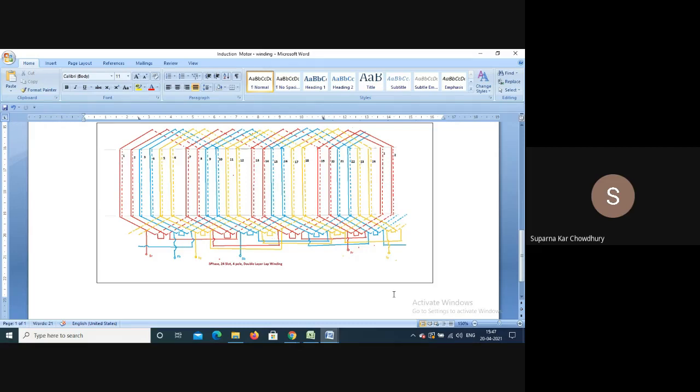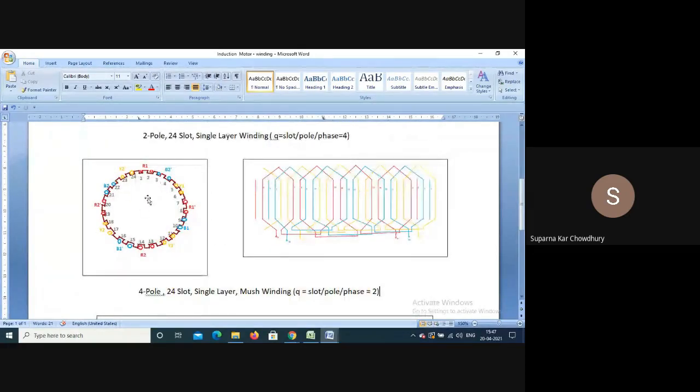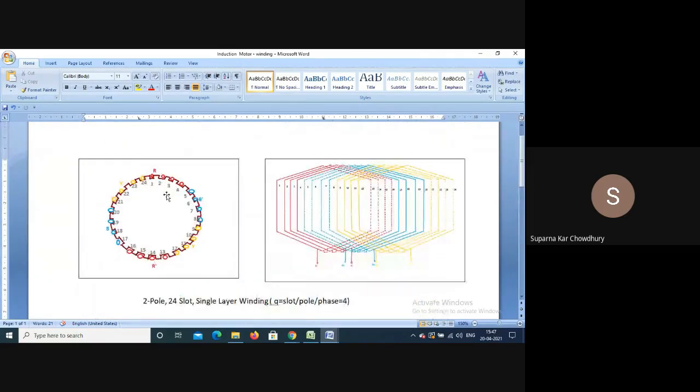So there are different types of windings which are used. I'm just giving an idea about how the poles are created. So you can see that with the same number of conductors, if we change the connection, we can create a 4-pole, or here we can create a 2-pole machine.